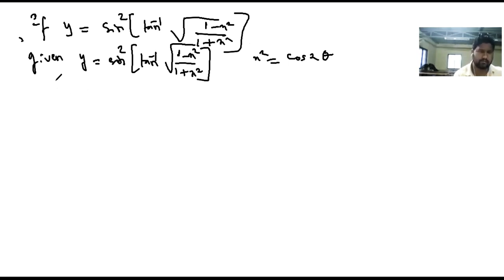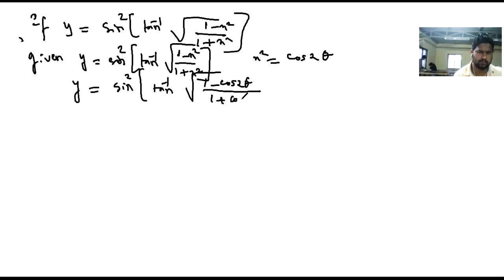Then we simplify. y is equal to sine square tan inverse of square root of 1 minus cos 2 theta divided by 1 plus cos 2 theta. Now don't think only about 1 plus x square. If it is only 1 plus x square, we can use tan theta or cot theta.